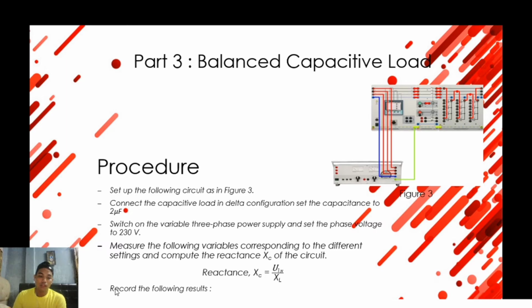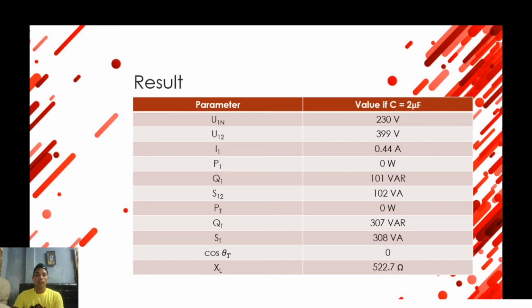Then the final procedure is to record the results. This is the result for part 3, with all the parameters that we need to measure and the value of each.